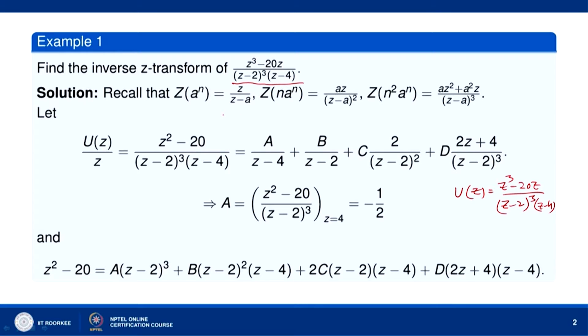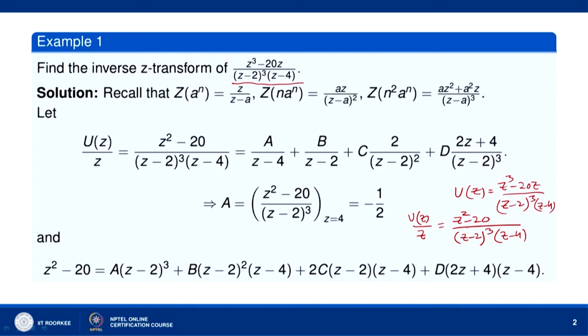While taking the inverse Z transform, the usual technique is that we first consider U(z) over Z, and what is left is (Z square minus 20) divided by (Z minus 2) raised to the power 3 into (Z minus 4).